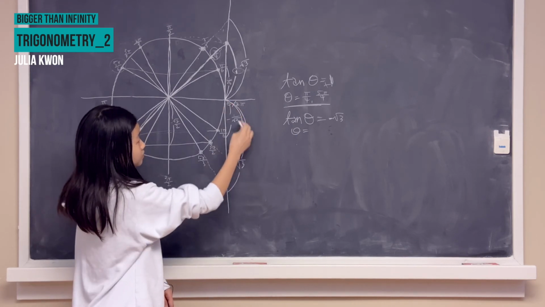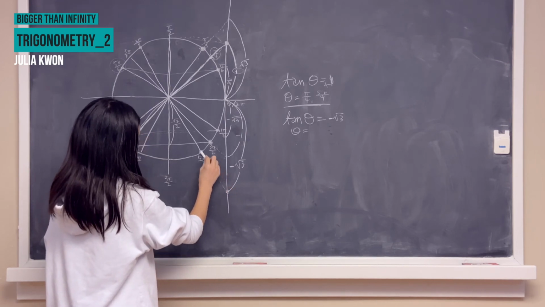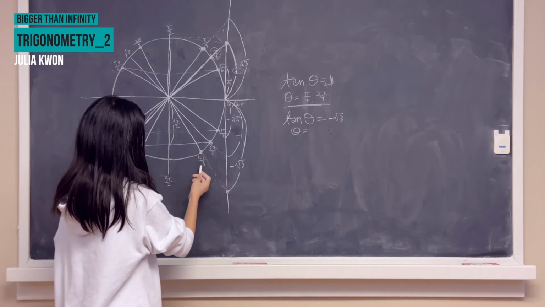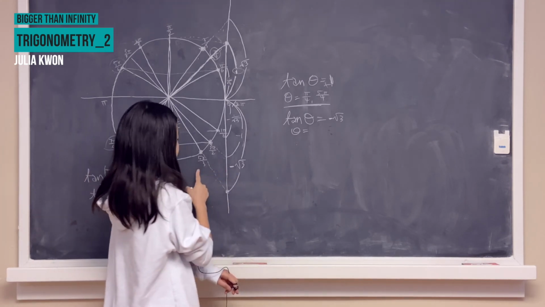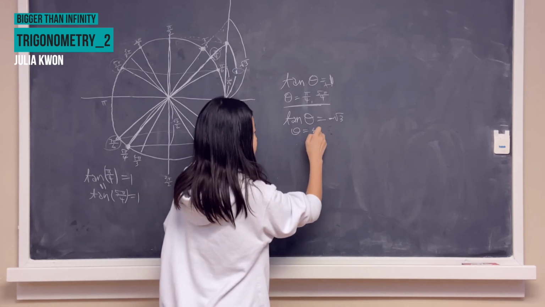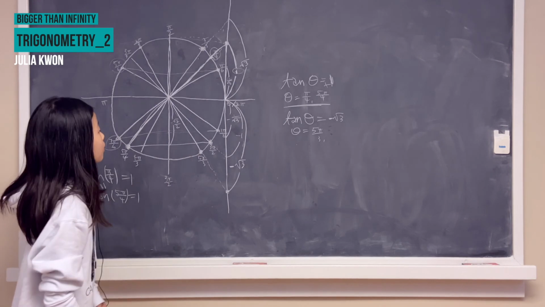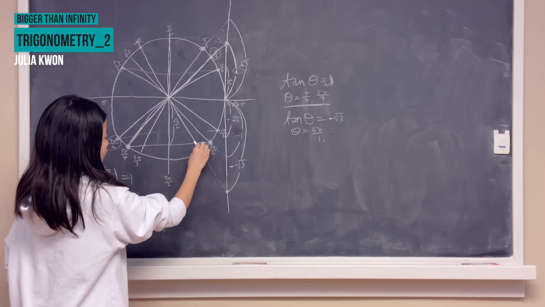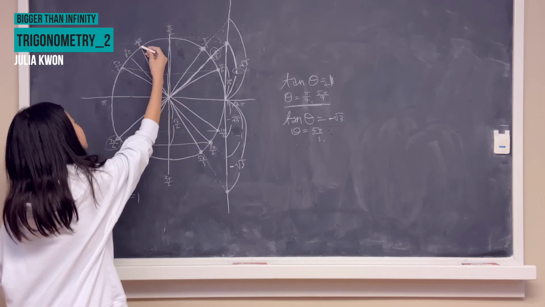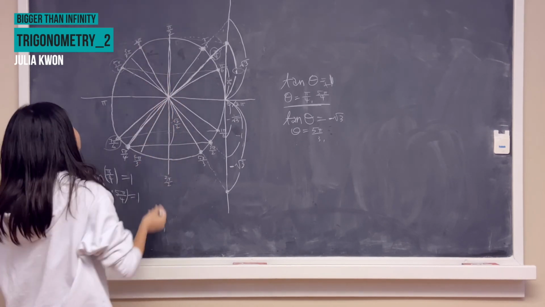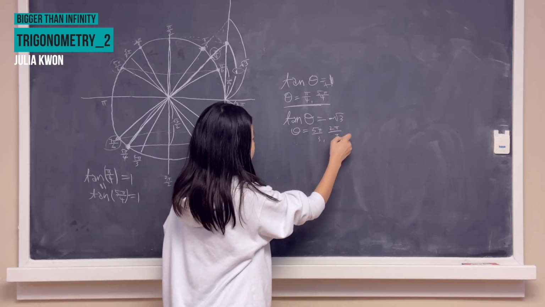And so this dot here connects to this line, and this line has a dot for 5 pi over 3, and so one of the thetas would be 5 pi over 3, and another one would be, if we keep going, so here the other answer can be 2 pi over 3. So the other one is 2 pi over 3.